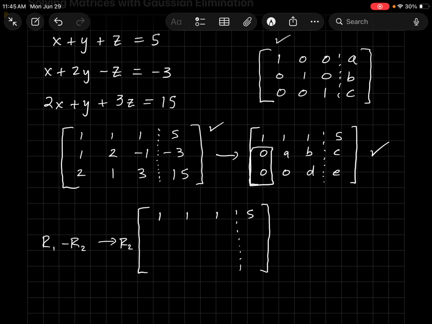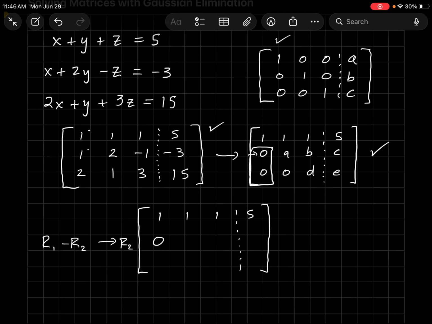Now, why did I choose to do this? Well, if I do row 1 minus row 2, and I'm going to do each element individually, so the first one up here minus the first one in the second row, so 1 minus 1 becomes 0. Well, that's what I wanted, right? I need a 0 over here. So the rest will be whatever it is, but I needed that 0 right there.